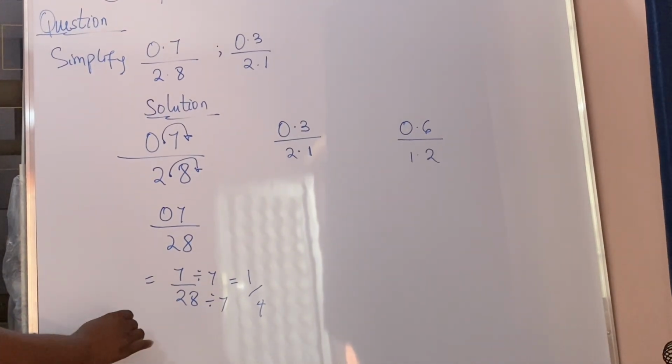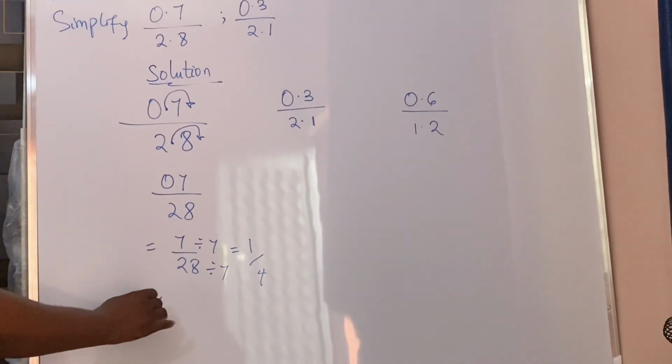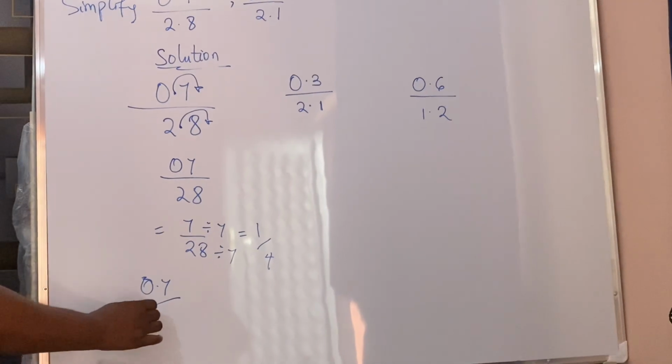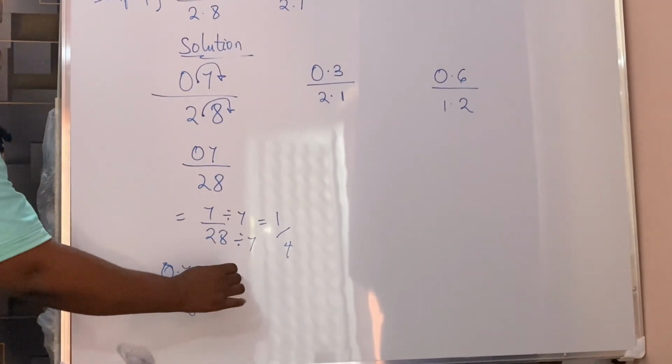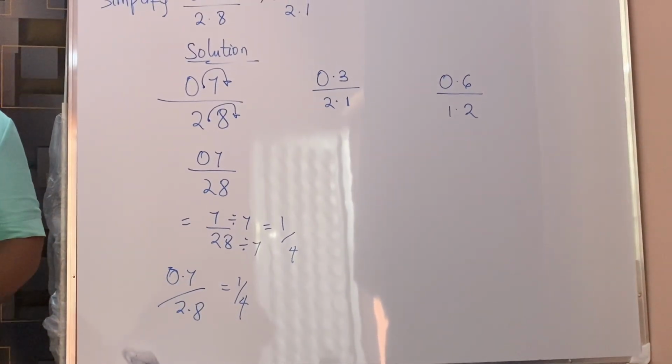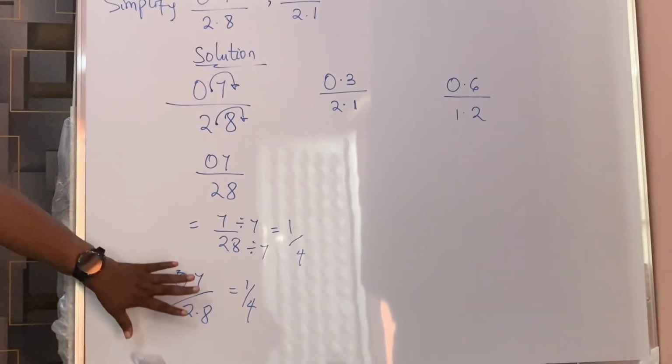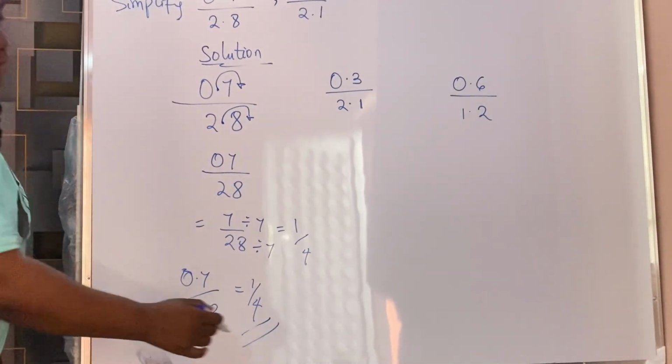So that means 0.7 over 2.8 is a quarter, which is 1 over 4. All right, if we've done this, please take note. This is the answer to my question.